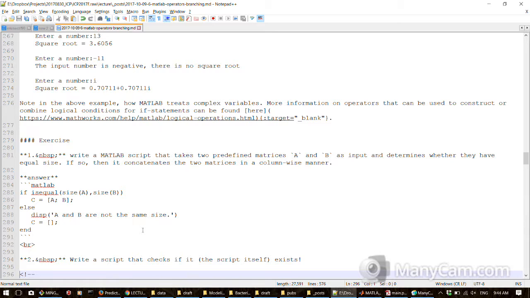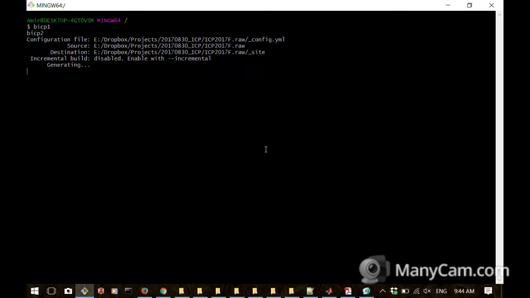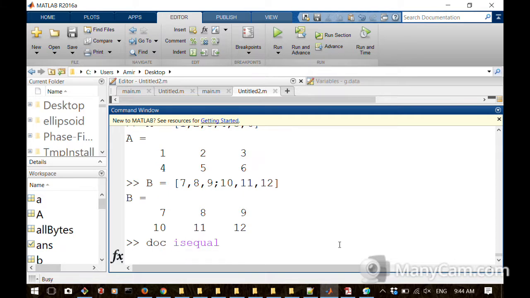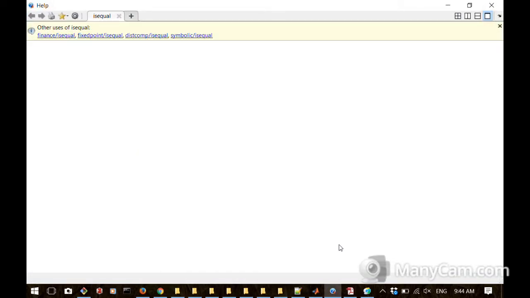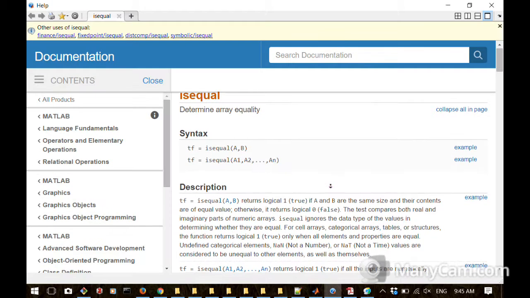Okay, I'm going to give you some hints. So let's suppose you have defined these two matrices A and B, and then you write an if block that takes these two matrices and compares them with each other, whether their sizes are equal or not.